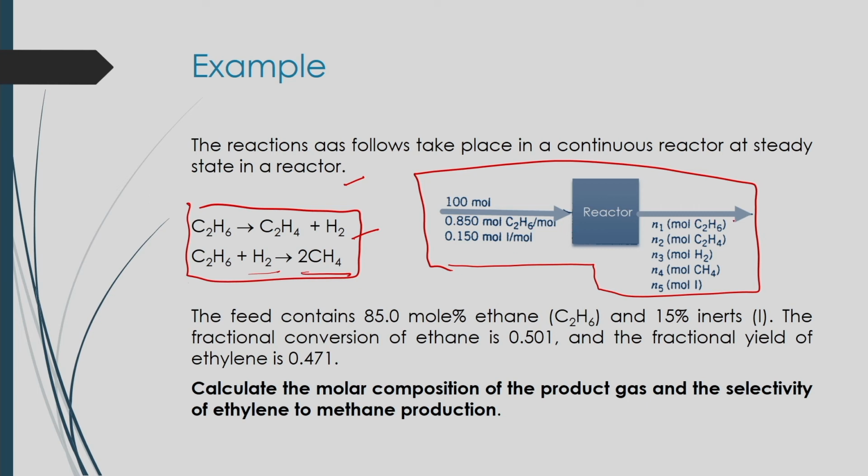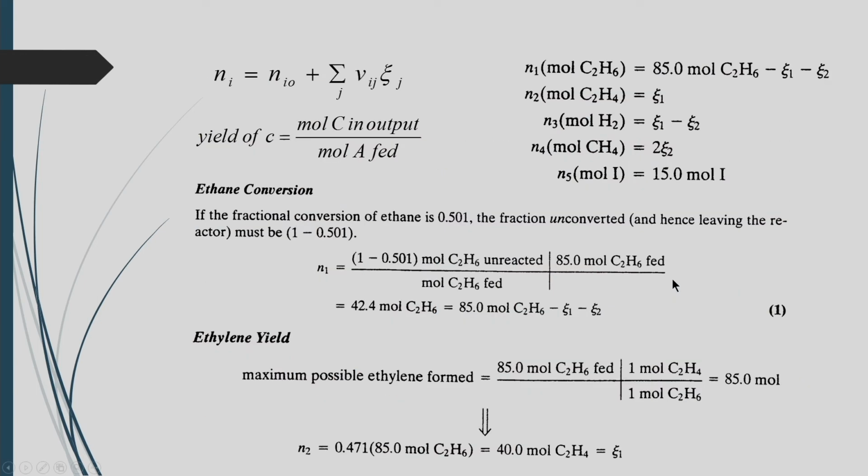After the reaction happens, you will see some ethane, some ethylene, some hydrogen, some methane, and the inerts come in the outlet stream as product. Very interestingly, the inert components do not take part in the reaction. So whatever amount of inerts goes into the reactor, that amount comes out in the outlet stream. That should be considered.